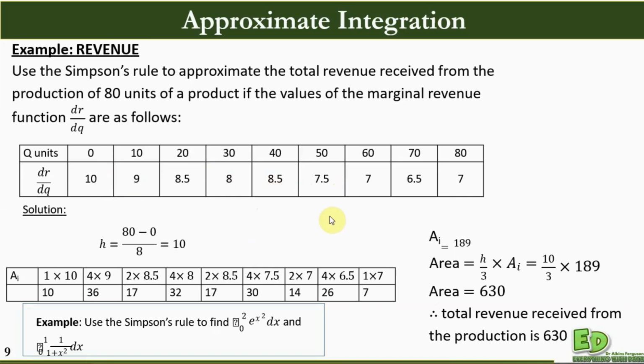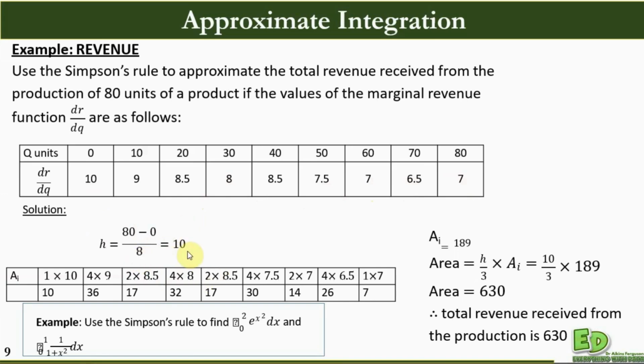So remember, if you have the number of parabolas to be 8, then the number of points you have here should be 9. So when you have 8, you have 1, 2, 3, 4, 5, 6, 7, 8, 9. So it means the number of parabolas was 8, right? And then that will give you 10.